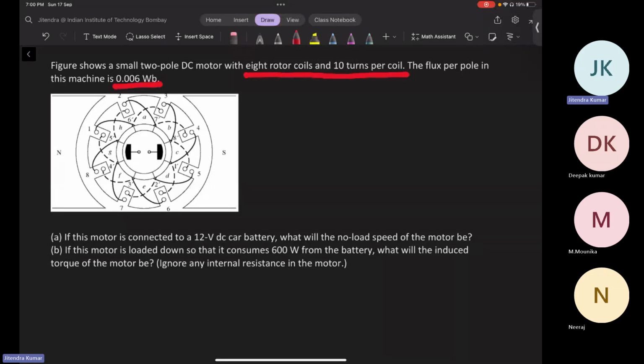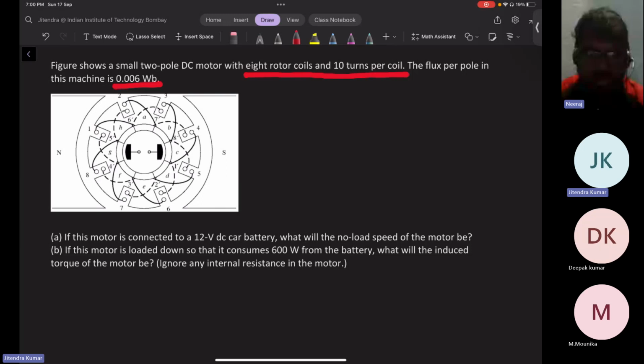Sir, is the motor lap wound or wave wound? That information is not there, and it should not be there as well because it is a two-pole motor. Oh, okay, sir.